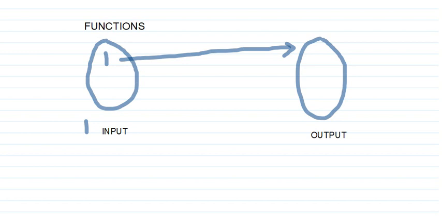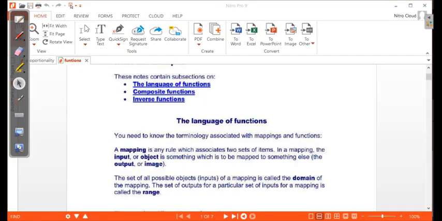Let me go back to the definition. A mapping is any rule which associates two sets of items, that is the input and the image.